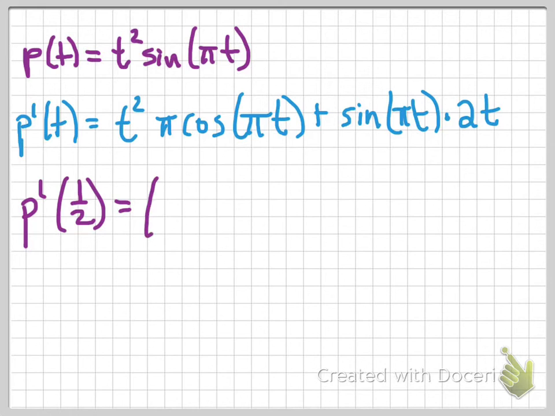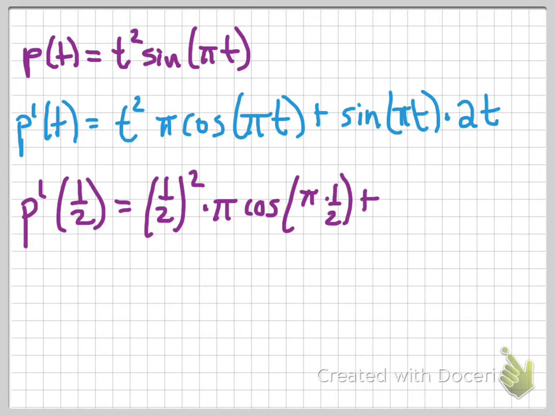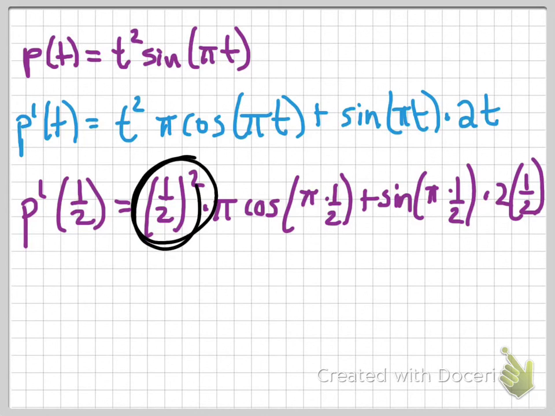So we're going to have 1/2 squared instead of t squared, times pi times cosine of pi times a half, plus sine of pi times a half, times 2t, so times 2 times a half. And I just have a little bit of math to clean up here. 1/2 squared is 1/4.